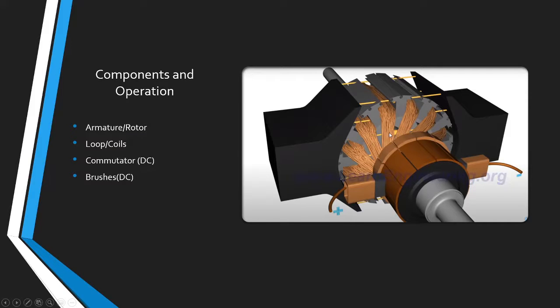These coils are separated by laminated iron-based discs that enhance magnetic flux. These coils are attached to the commutator, which supplies them with current. The current to the commutator is supplied via the brushes.